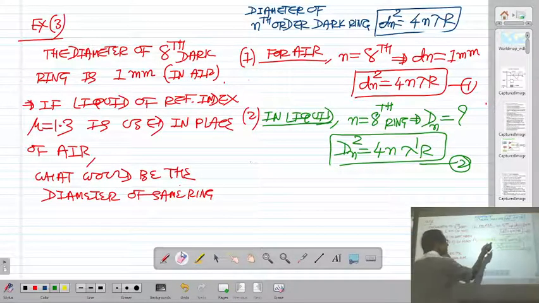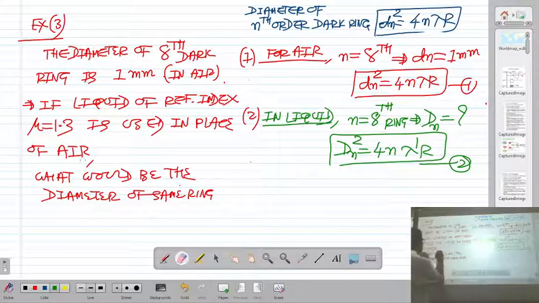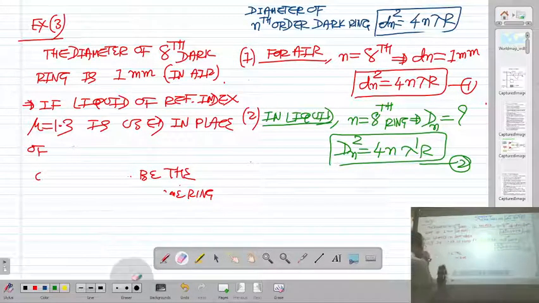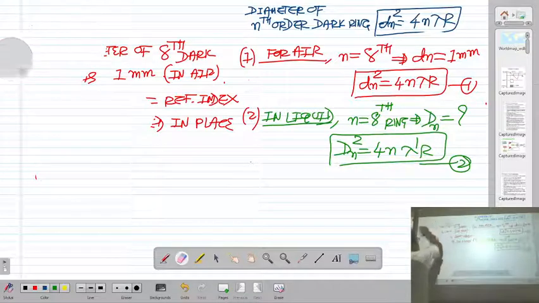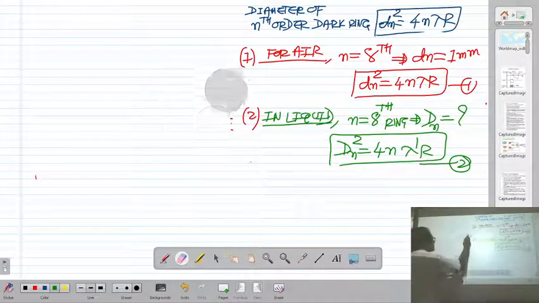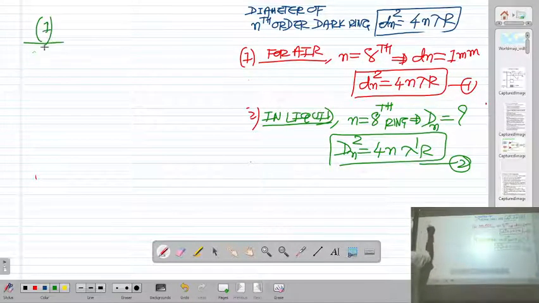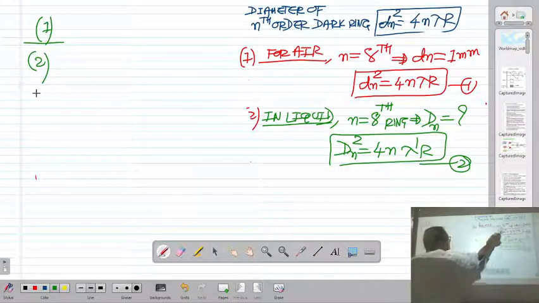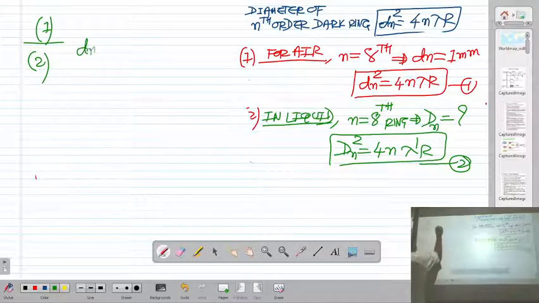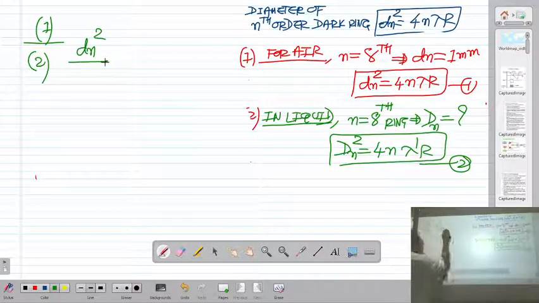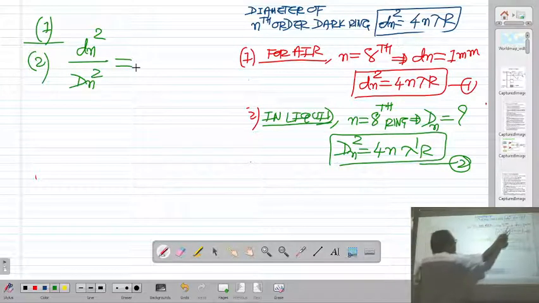If you take the ratio of these two equations, you get small dn square upon capital Dn square.